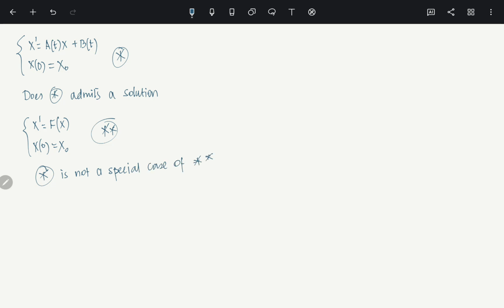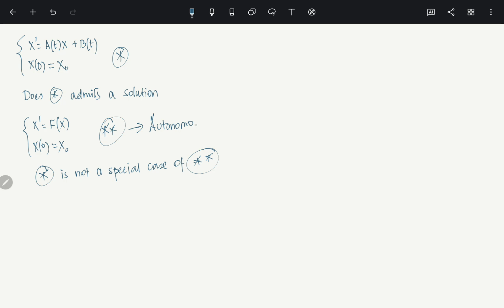For a particular f, you cannot write f of x as ax plus bx, where a and b are variable. The Picard existence and uniqueness theorem, which I did, is for systems which look like double star.